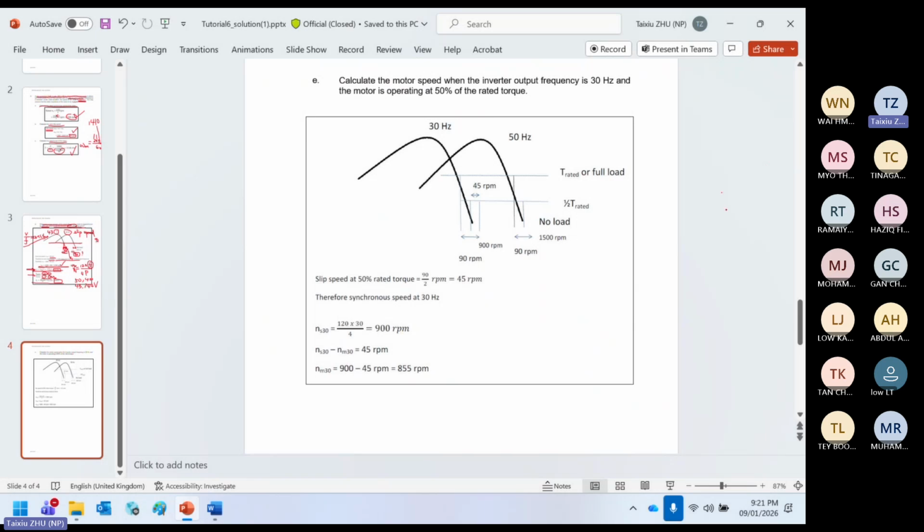Okay, now the last part actually says, calculate the motor speed when the inverter output frequency is 30 hertz and the motor is operating at 50% of the rated torque. See, cannot go home yet, right?